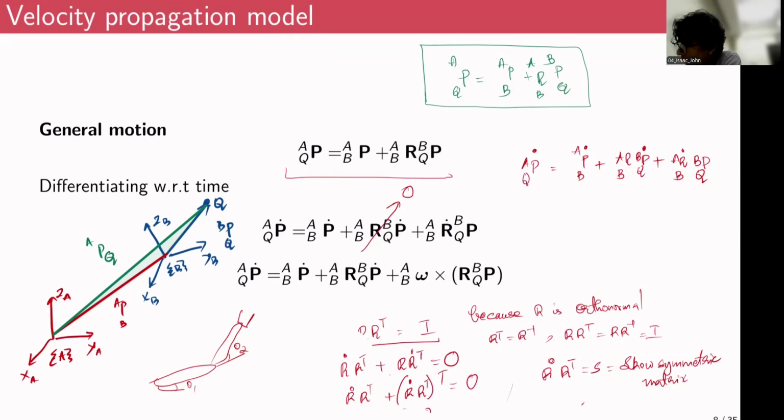So if R dot R transpose is a skew symmetric matrix, I can multiply R dot R transpose with its inverse, which is essentially R, because transpose and inverse are essentially the same thing. And on the right hand side, you will get S multiplied by R. So R transpose R is again an identity matrix, so I'll just remove it.